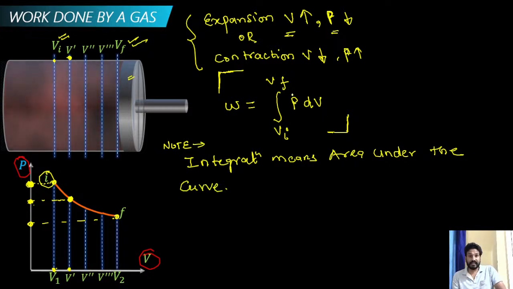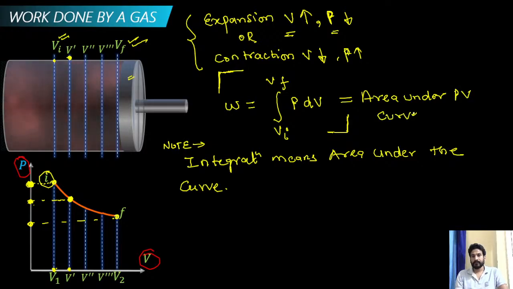So this integration PdV, in the graph of P and V, shows the area under the PV curve.